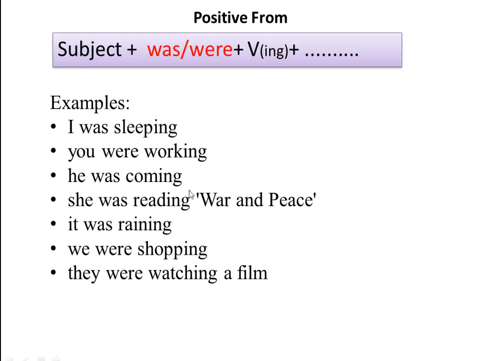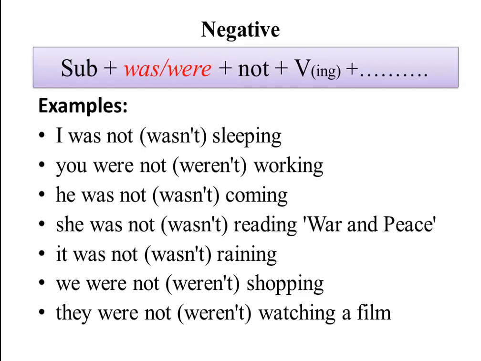Okay, one more example. It's about the negative. In negative, you have to use the subject plus verb to be the same, but you have to add one more word, the word not, after to be. After that, verb plus verb-ing and so on.